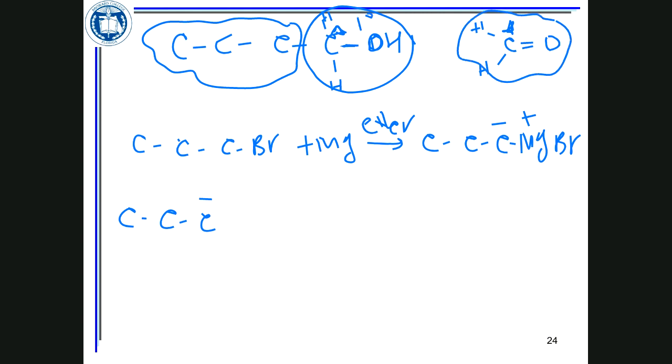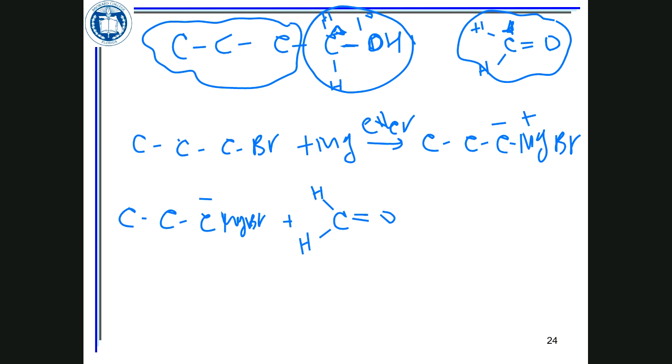And you have to make a table to memorize it. If you want to make primary alcohol, you would use formaldehyde. So Grignard reagent here plus formaldehyde, H and H.